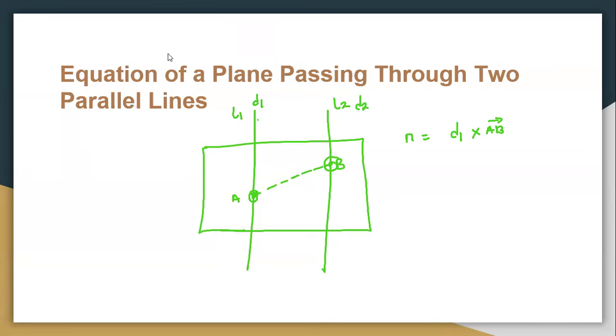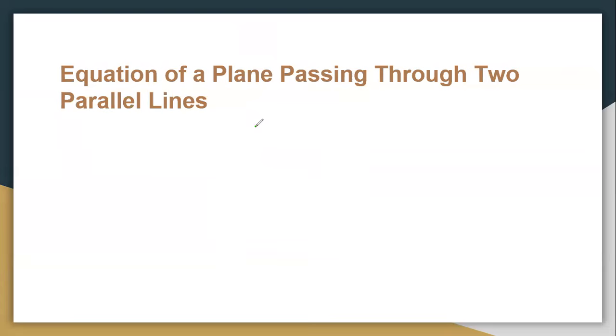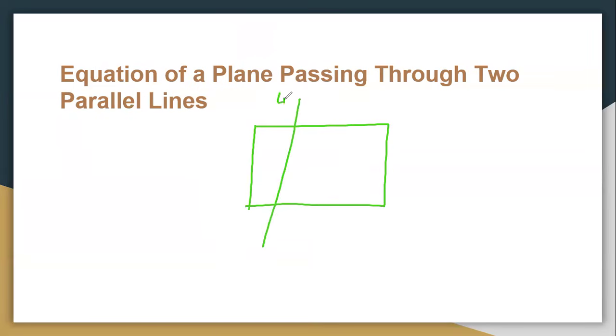Not yet? Okay, let me repeat, and then people can ask. If I have a plane, this is my plane, and I have a line L1 and another one, L2. When writing a line, I'll have R1 equals OA plus lambda D1, and R2 as OB plus mu D2.